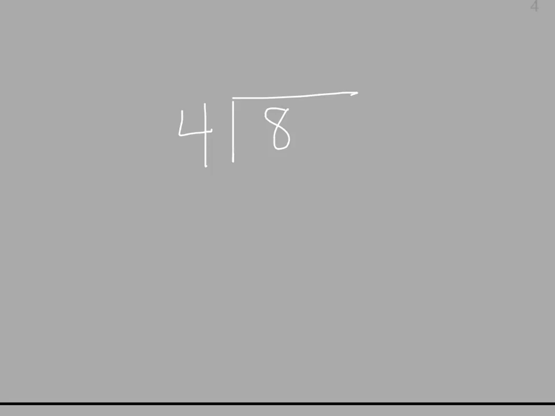And that leaves me with 8. So how many times does 4 go into 8? Again, smaller numbers. Nice. I like it. So 4 times 2 is 8. 8 minus 8 is 0.